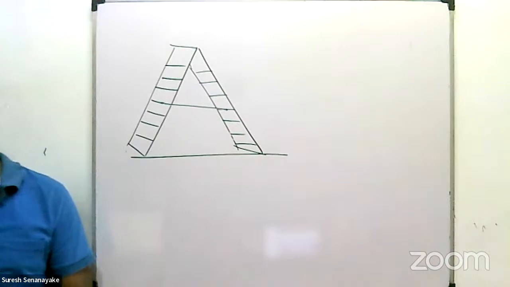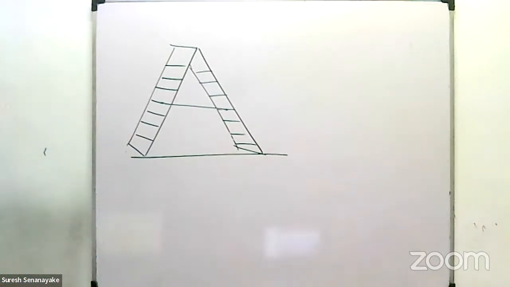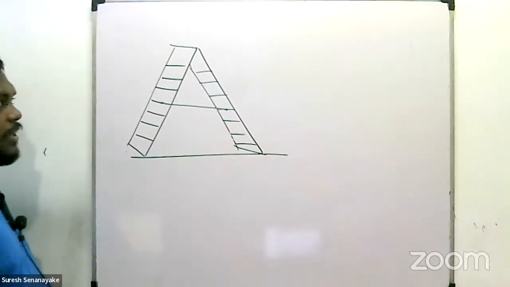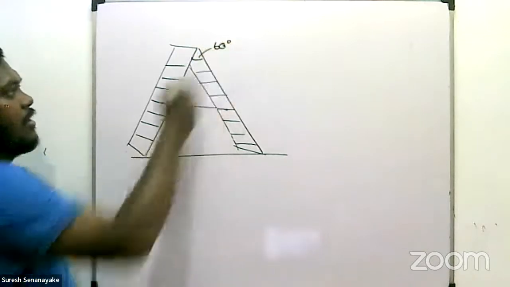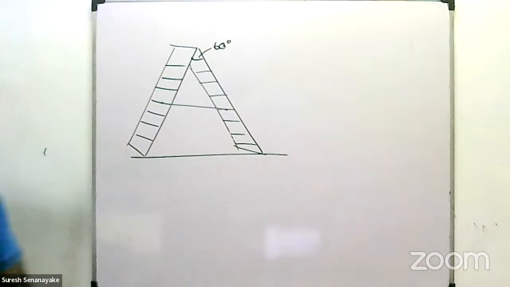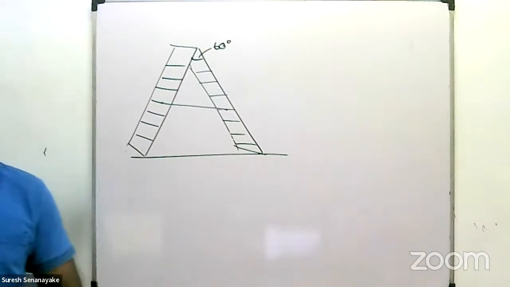The angle between the two legs is 60 degrees.